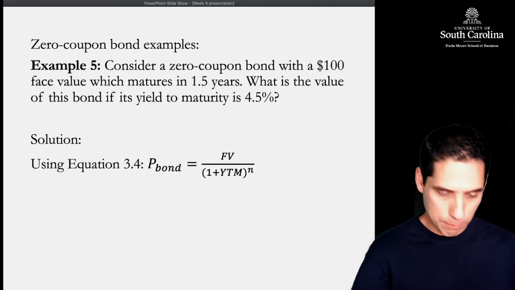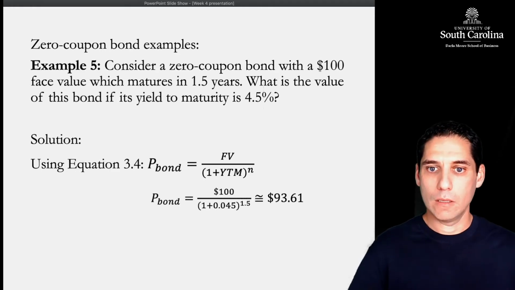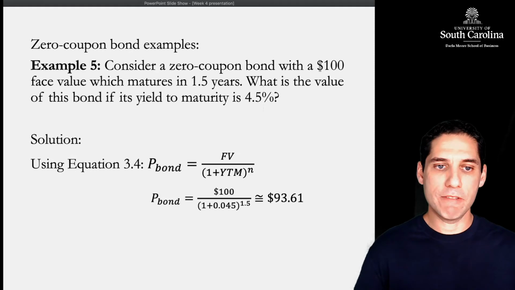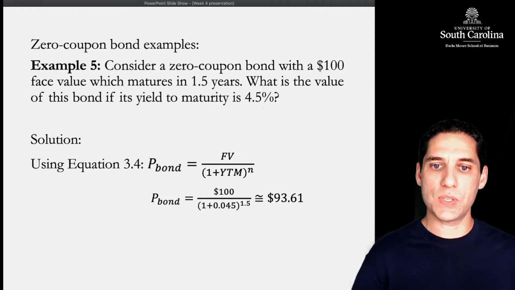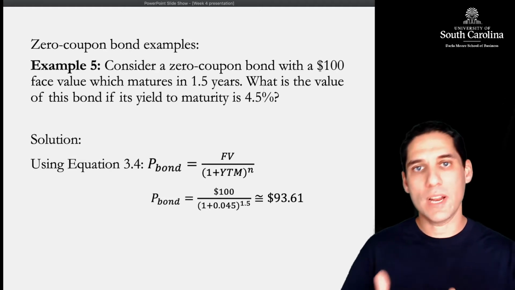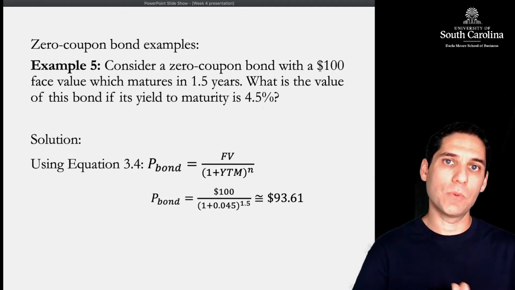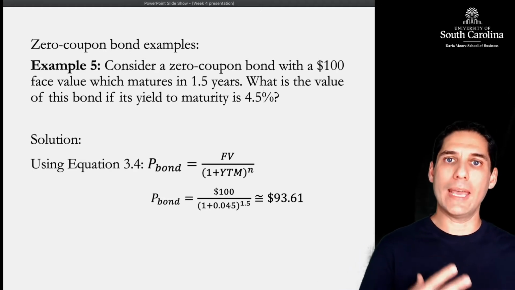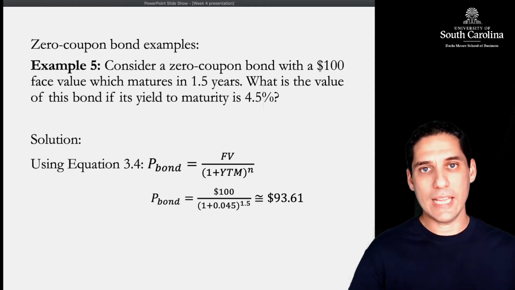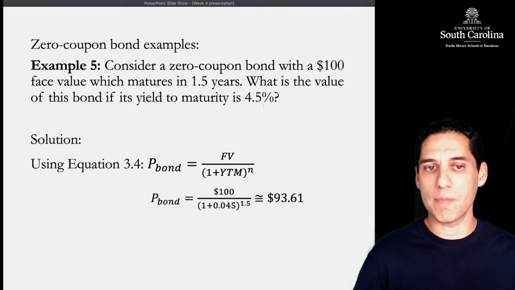So we plug in numbers, and that gives us the fair value of this bond. If we were to pay $93.61 for this bond today, hold it for 1.5 years, and as we hoped, the issuer is able to pay $100 for each bond, then we would have earned an annual return of 4.5%.